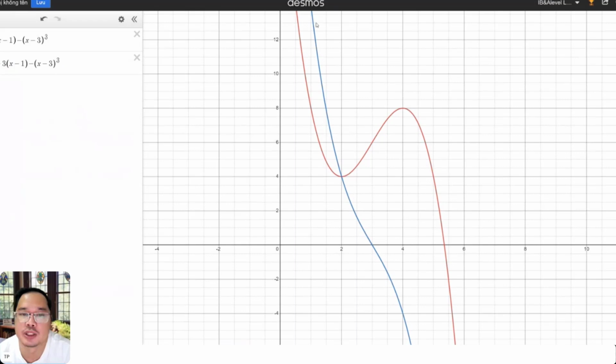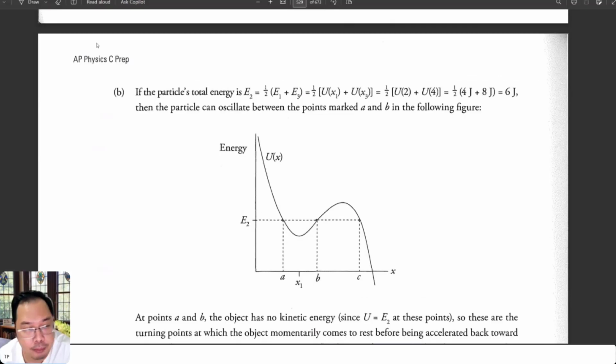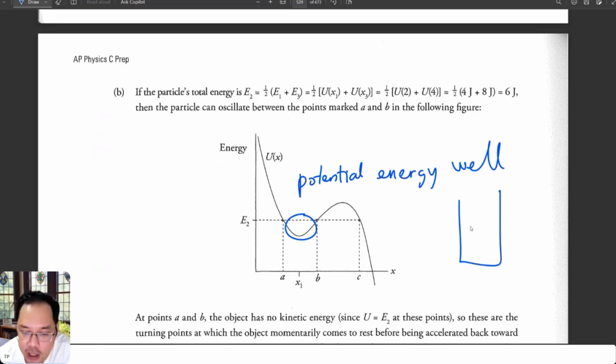So we see that the kinetic energy decreases and becomes 0 here. The part between A and B is called a potential energy well. And when we have a well like that, meaning potential decreases and increases, it means the object oscillates.